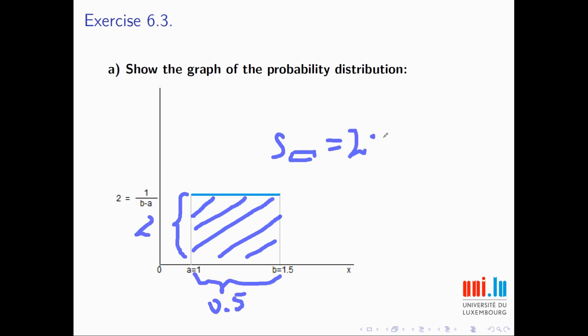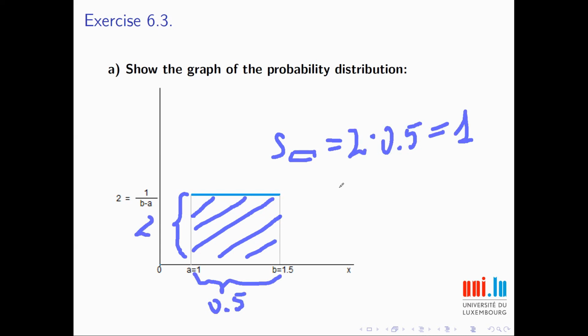We multiply it, and we see that indeed the area under the curve of the uniformly distributed variable is equal to 1. So we did everything right, we did not make any mistakes. And yes, this is the way we do it.